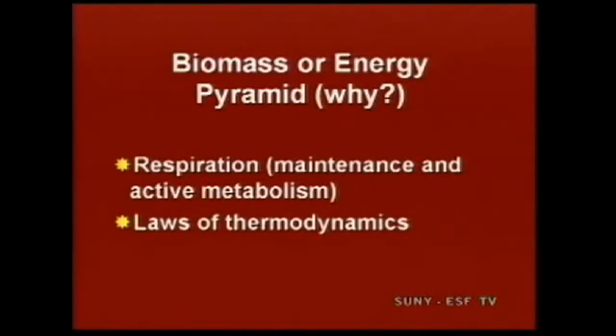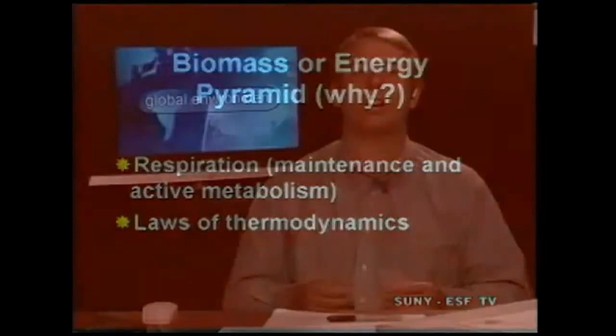But ultimately, there's another reason, very related. It's the laws of thermodynamics. If you remember, the second law of thermodynamics says no energy transformation or transfer is 100% efficient. You always lose some of that energy as heat. And that's what's going on in this food pyramid. That active and maintenance metabolism, that energy eventually turns into heat.